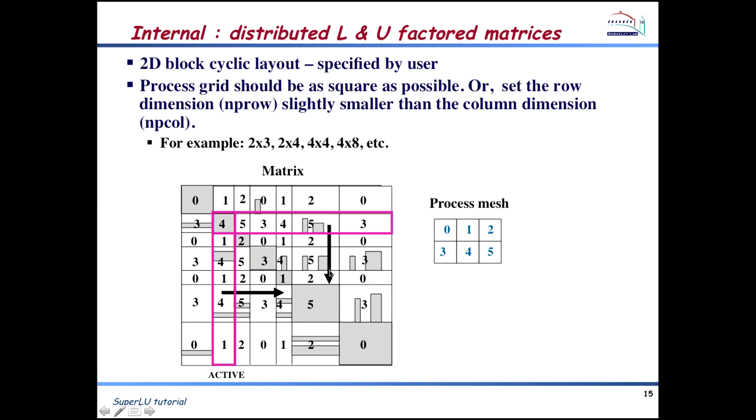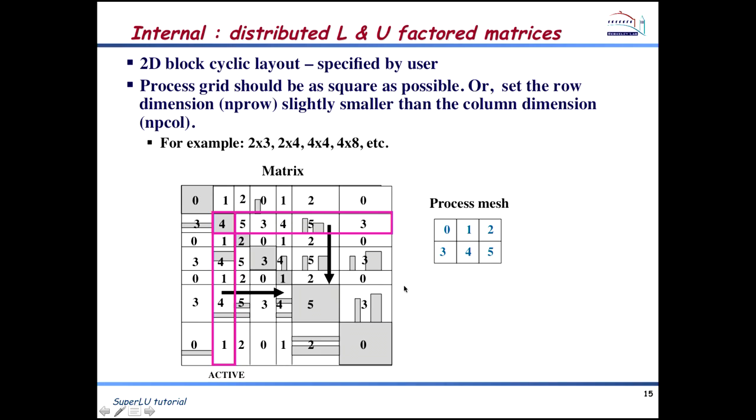But of course, the difficulty here is the non-zero block size. They don't have the same size. You could have different sizes of the non-zero block. And essentially, we use something called supernode to get the partition of the non-zero block, both row-wise and column-wise, and then map these non-zero blocks to this processor mesh.